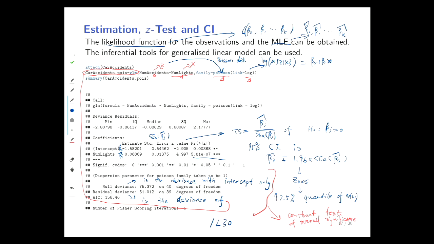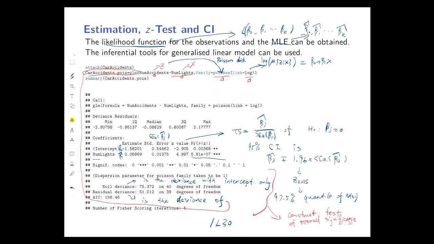This is the second assumption of our model. And we also have the third assumption, the independence assumption. So here we only have 3 assumptions.